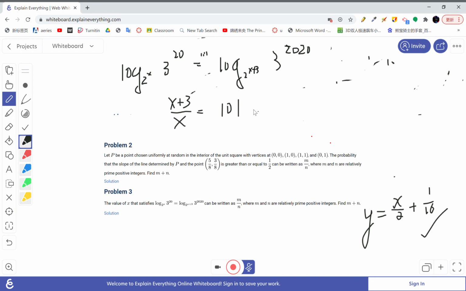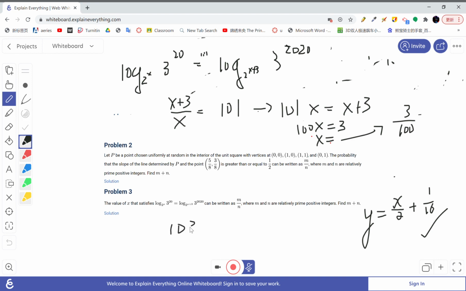So we get 101x is equal to x plus 3. We get 100x is equal to 3, and x is equal to 3 over 100. Since they want m plus n, which is 103, this is our solution.